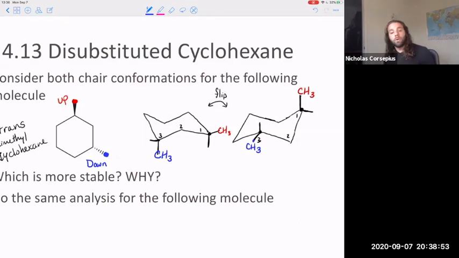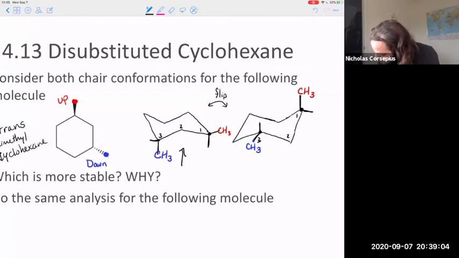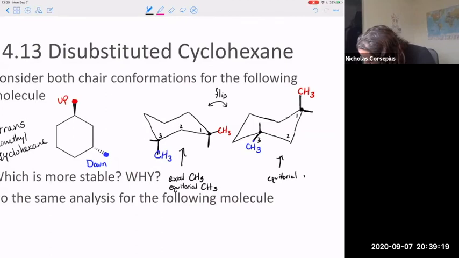Okay, so the question is, which one of these conformations is more stable? Well, in this one, what do we got? We got 1 axial methyl and 1 equatorial methyl. And in this one, we have 1 equatorial methyl and 1 axial methyl.